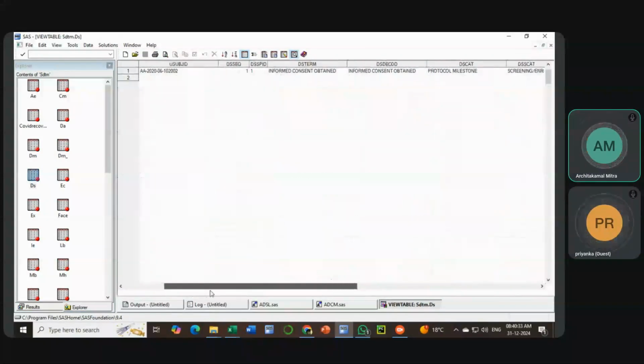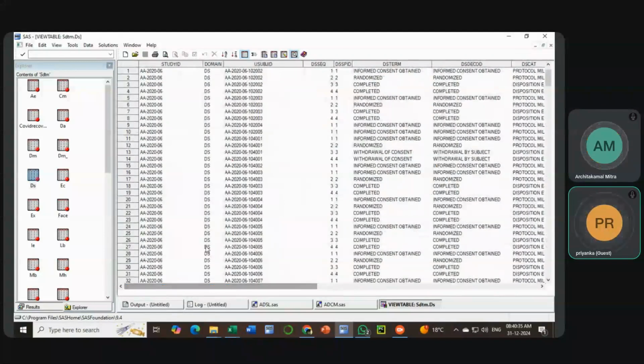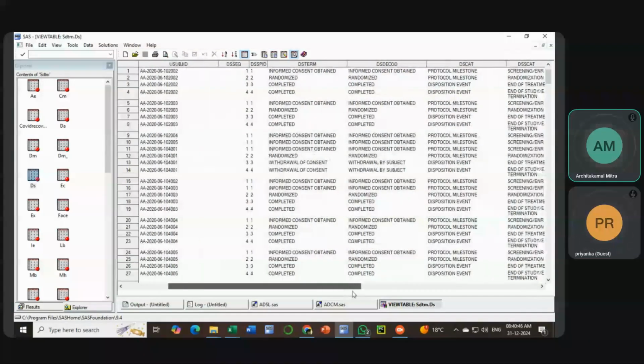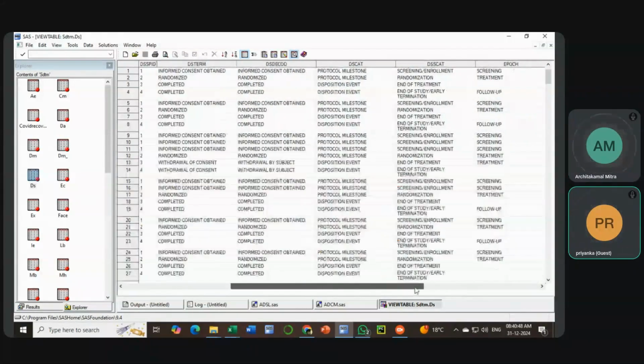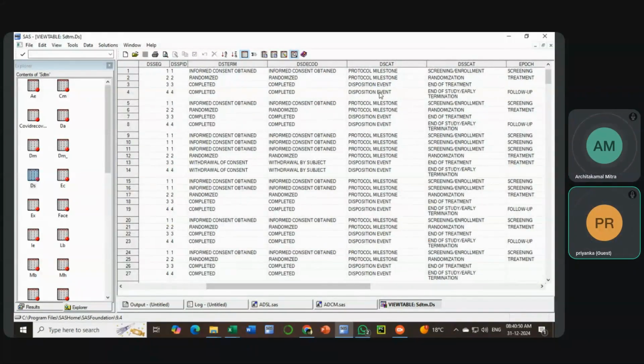I have one question: in the DSCAT and the DSDECOD, will the value be the same? No. DSCAT is what are the major milestones: protocol milestone and disposition event. Within protocol milestone, what are the things we have? Informed consent and randomized. These are the two specific events which happened in the protocol milestone.